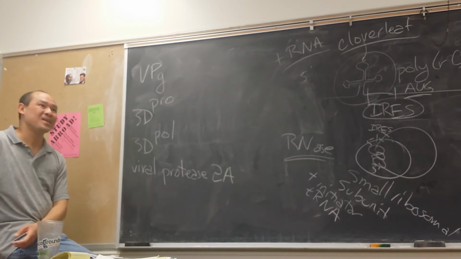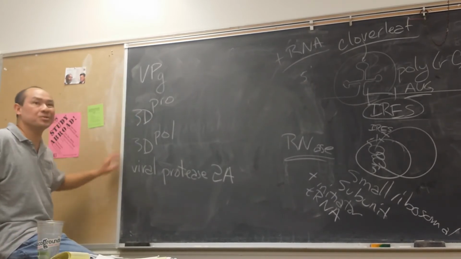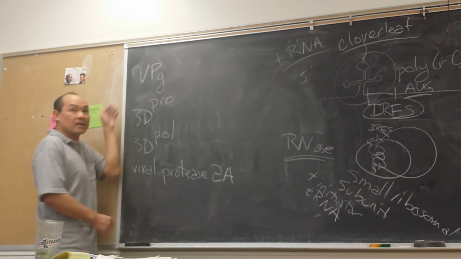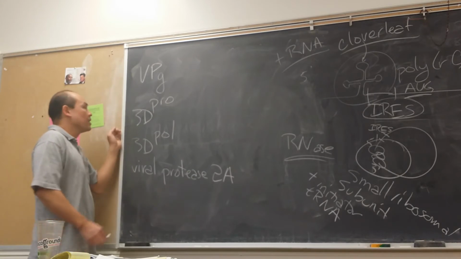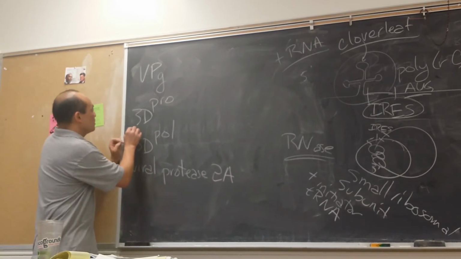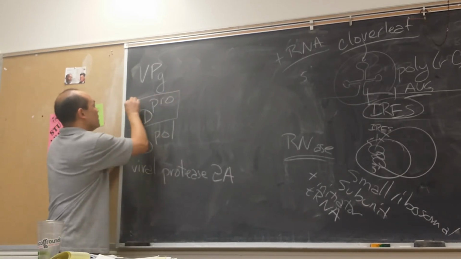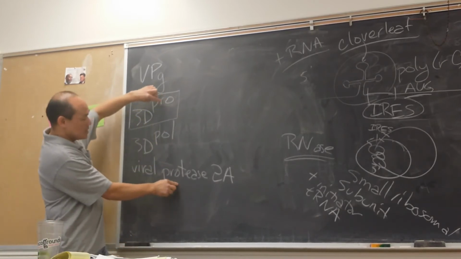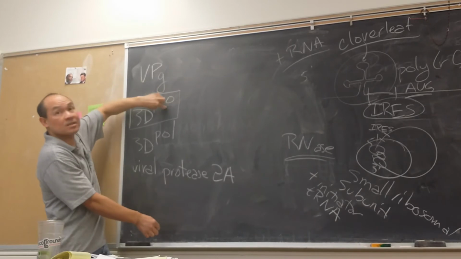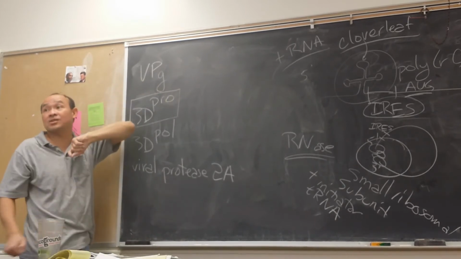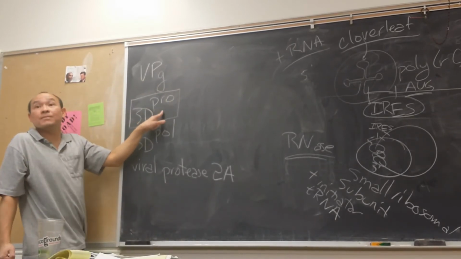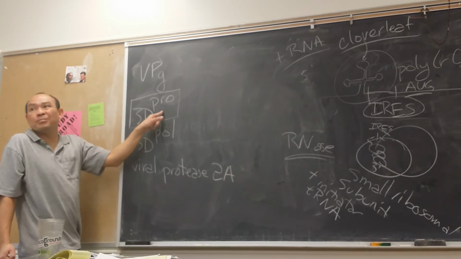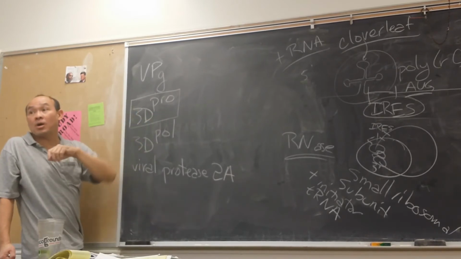That's all that we need to know. Okay. So once these proteins are produced, what are the functions of some of these? Let's go with the 3D Pro first. Pro stands for protease. Actually, 2A is also a protease. They have different functions. This protease right here is responsible mainly for the digestion and modification of the viral polyprotein.